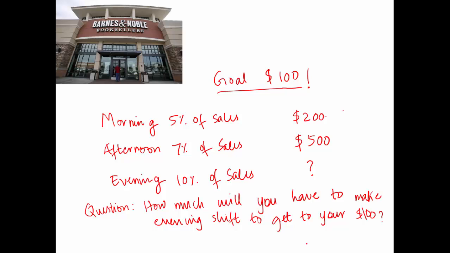So let's do our calculation. In the morning, they provide 5%, and you had a sale of $200. So in the morning, you made $10.